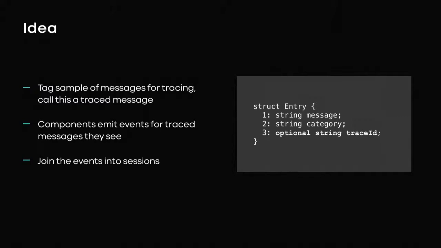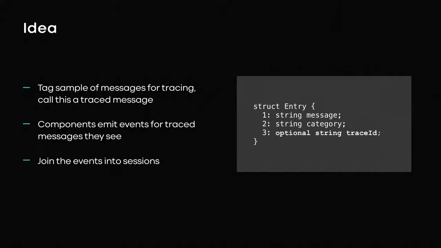Now, whenever any component in Scribe sees a traced message, it essentially emits an event, and this event gets funneled into a central place where the events for all these messages get joined together based on their trace ID and form sessions.